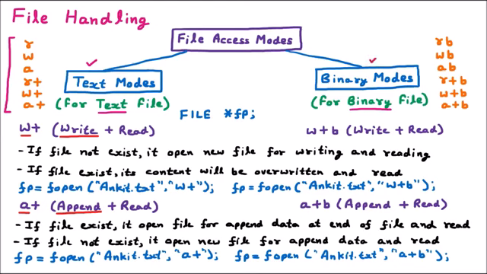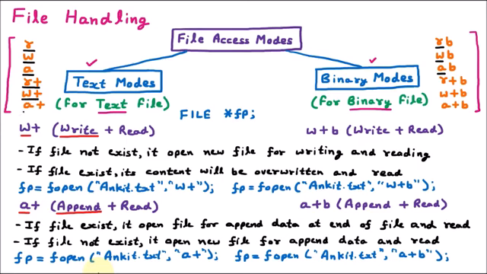Simply, we should learn that there are 3 major modes: one is read, the second is write, and the third is append. Corresponding to that, we have the modes in the binary file. So understand that read, write and append are the 3 modes. Whenever we make read the major, we have read plus. Writing as the major, write plus.